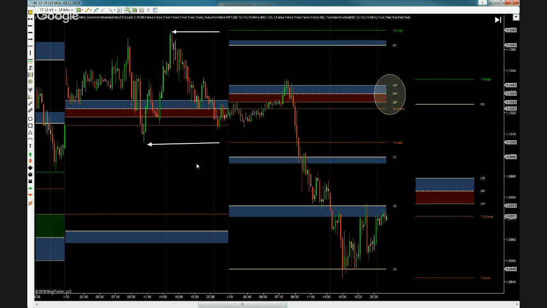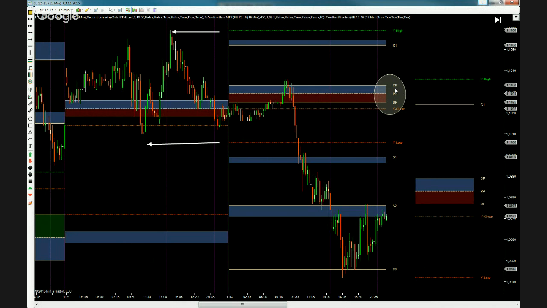So okay, we have the high and the low, and we have the close over here. You add those up and divide by 3, and then you get the main pivot, which is in the middle here. And the central pivot you will find by just taking the high and the low and dividing by 2. So that's just straight in the middle of yesterday's trading range.